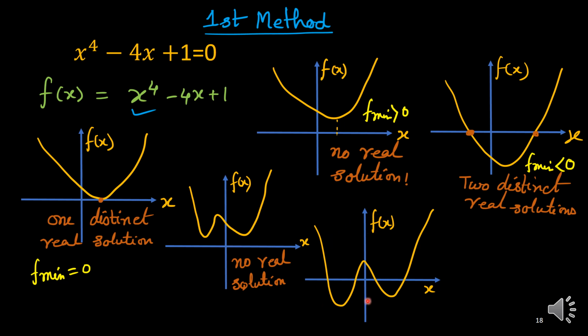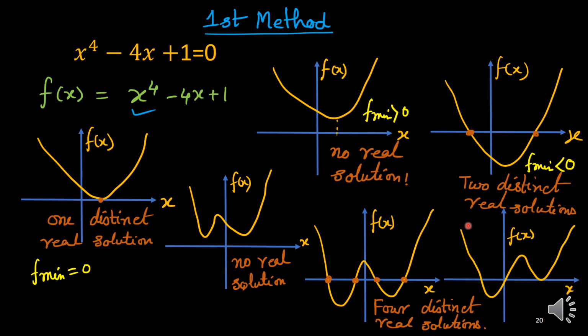But if it is like this, at these two minima the function value is negative, so it has crossed the real axis and we get 4 distinct real solutions. Similarly, it can be like this, where only this function value is 0. So 2 unequal solutions here and another 2 equal solutions, giving 3 distinct solutions.